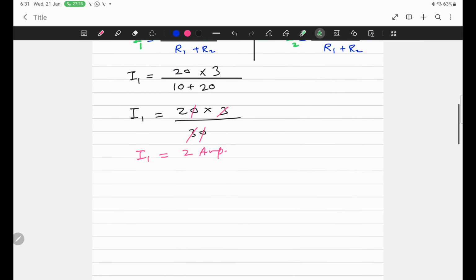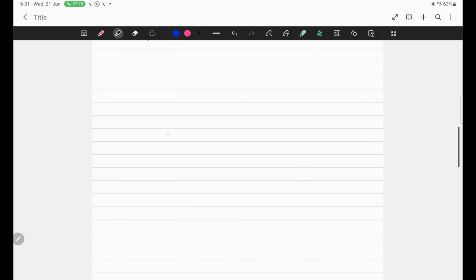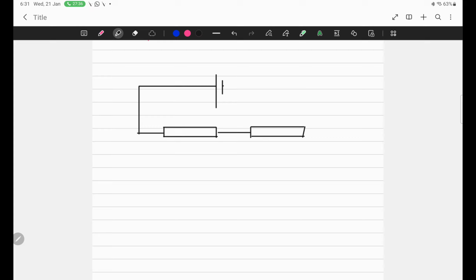Okay, and it means we should practice the potential divider formula as well. Simra, I am giving you one more question in which two resistors are connected in series. Consider the voltage is 30 volt. Consider it is 5 ohm. Consider it is 6 ohm.